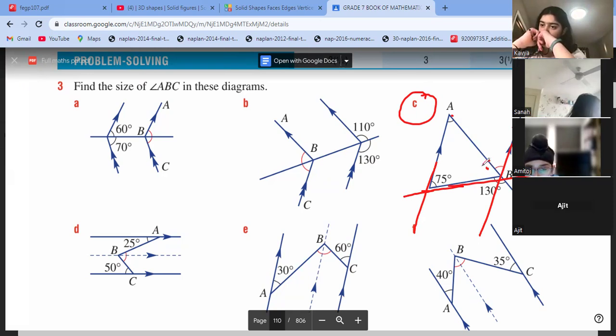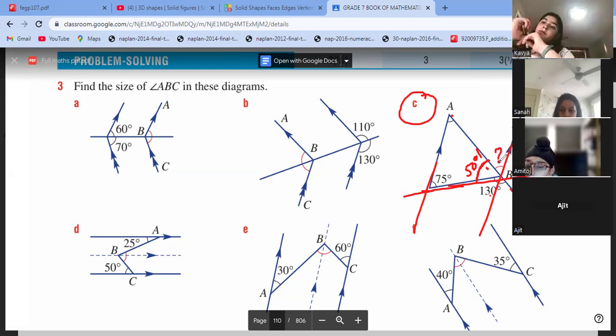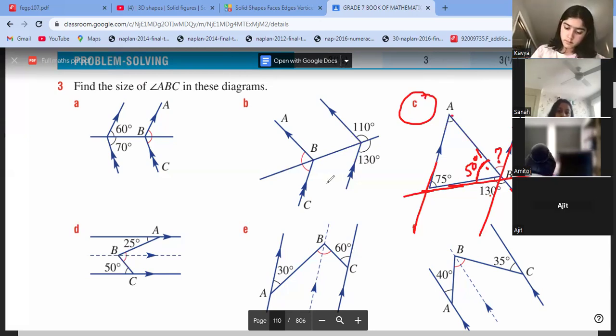First of all, if you can find out this angle, that will be better, right? If you consider this line, this is 130 degree, this angle must be equal to 50 degree because they are forming a linear pair over here, right? After that, you can find out this angle by using the co-interior property. Use the co-interior property to find out its value. Hurry up, find out ABC now yourself.